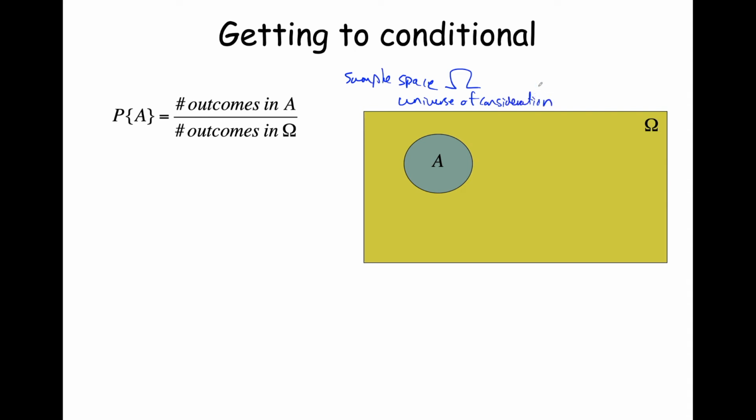And without any restriction, that's going to be our sample space, all possibilities that you can have. And of course, A, when we look at this probability, is the number of desired outcomes, the outcomes for which event A is true. So it's outcomes in A. As a Venn diagram here, here's our universe of consideration, sample space omega, and then we're going to carve out of that those events. It could be a single event or complex event, a set of events. That's going to be marked as A in the Venn diagram.